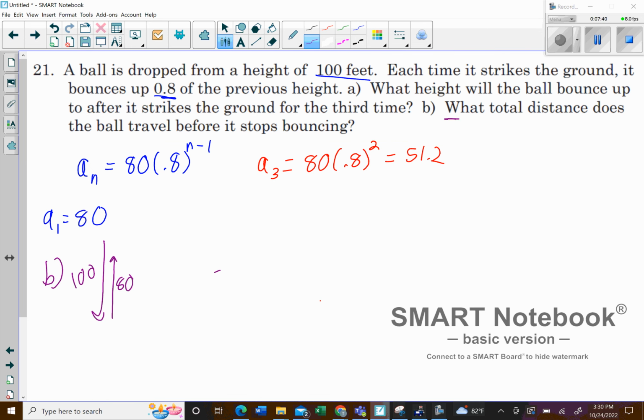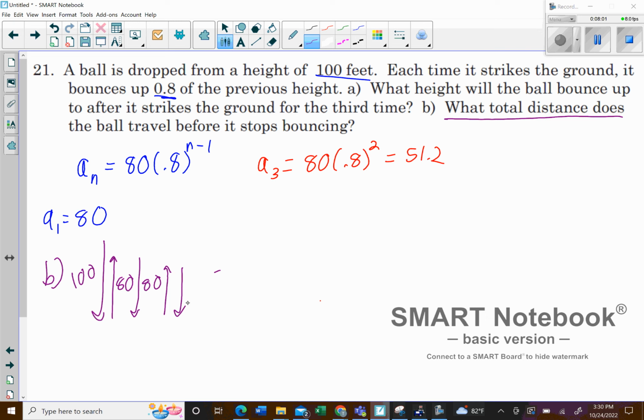And now we're looking for the total distance the ball travels, not just dropping and bouncing up. You got to do each part of it. You got to do the drop, the bounce up, and then the drop again. So it's going to drop 80 feet again, and then it's going to go up around 60 or 70, something like that, and then it's going to go back down, and so on.